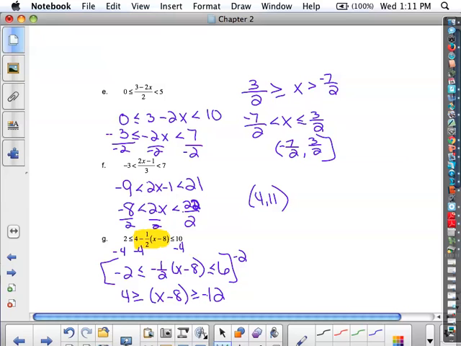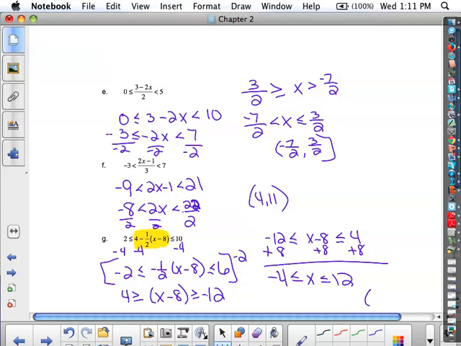So I want to reverse that, so I have negative 12 is less than or equal to x minus 8, which is less than or equal to 4, and then I'll add 8 to each of those regions, and I'll have minus 4 is less than or equal to x, which is less than or equal to 12. So my region will be from minus 4 to 12 in interval notation.